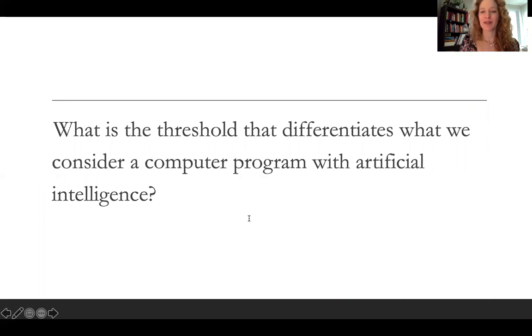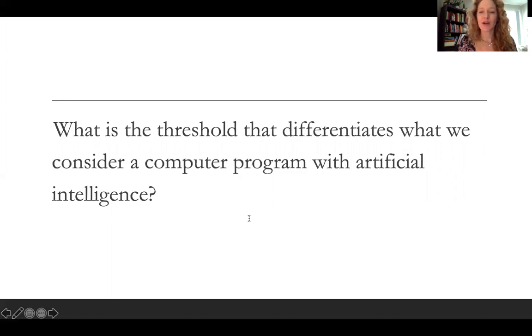This question here is something that I was discussing with a colleague, and that is, what is the threshold that differentiates what we consider just a regular computer program from artificial intelligence? They are all, after all, lines of code. They are all, after all, algorithms based on logic functions.